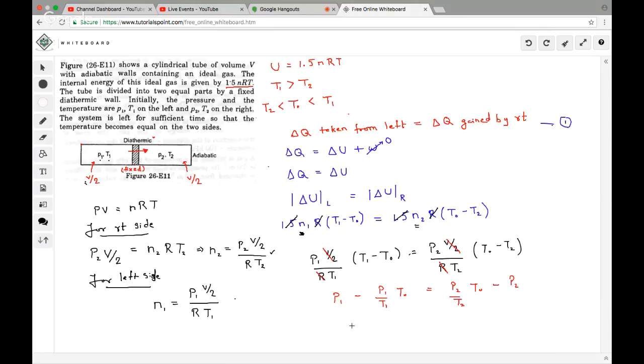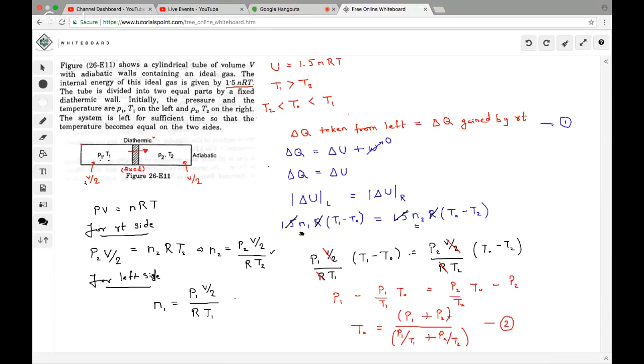So T0 will come out to be equal to P1 plus P2 divided by P1 by T1 plus P2 by T2. Like this, you can get the value of temperature. So this equation 2 can be used to find the common temperature once it is achieved.